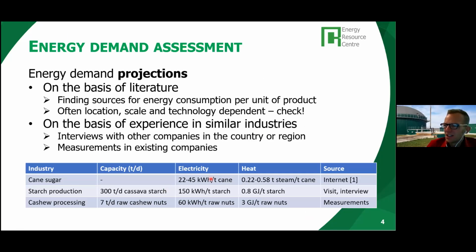You see that the electricity consumption information for those reference sugar plants is typically between 22 and 45 kilowatt hours per ton of cane. I should add that this higher range also includes some of the mechanical power. That's similar to what we see in the Maragra case.